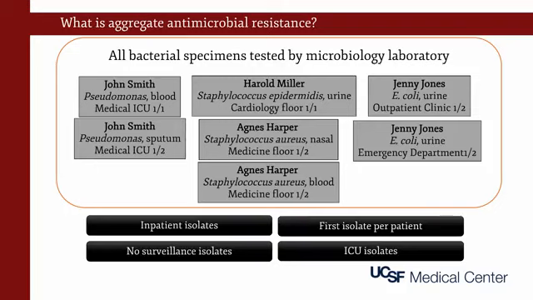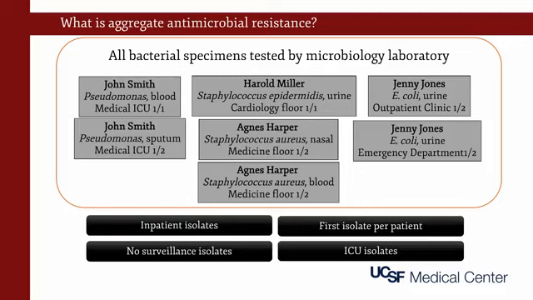A key consideration in understanding the reporting of aggregate antimicrobial resistance is the variety of rules that may be applied to these reports before the end users see them. It is rare that reports of aggregate antimicrobial susceptibility simply reflect the sum total of all bacterial specimens tested by the microbiology laboratory.